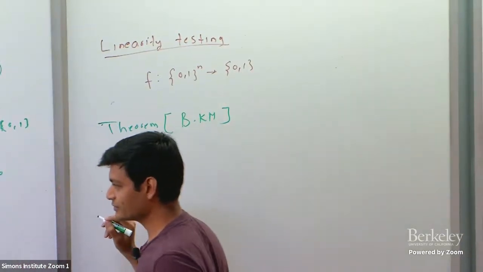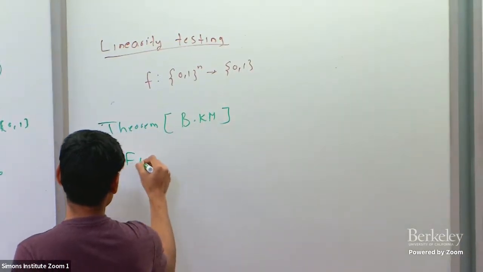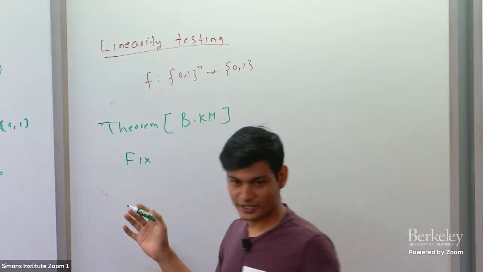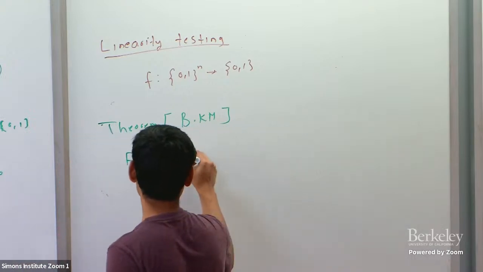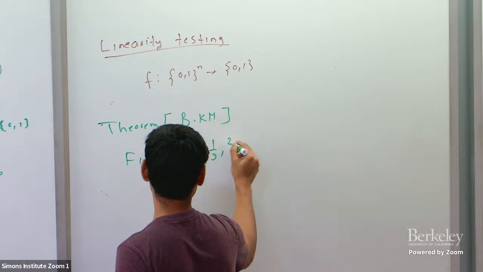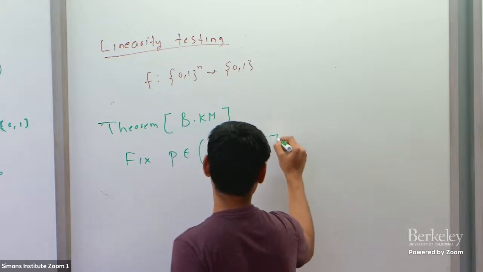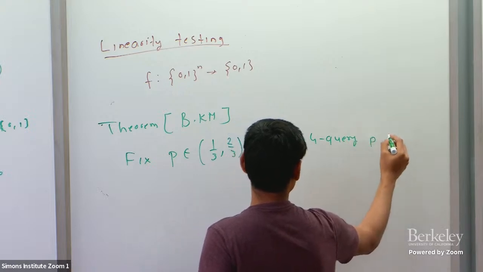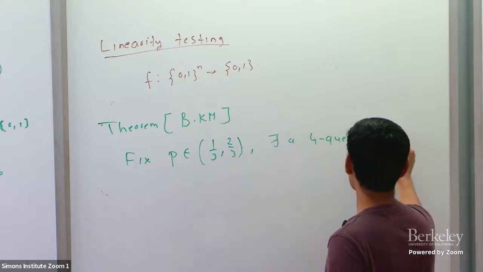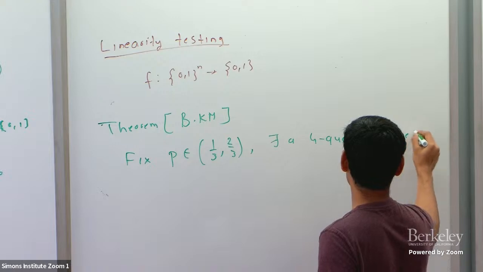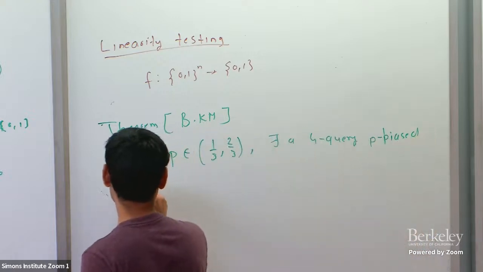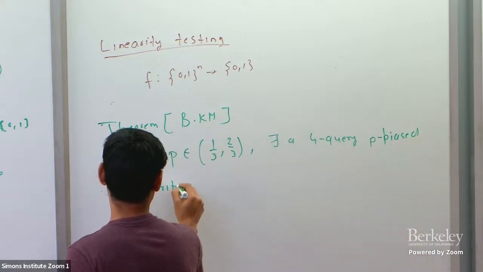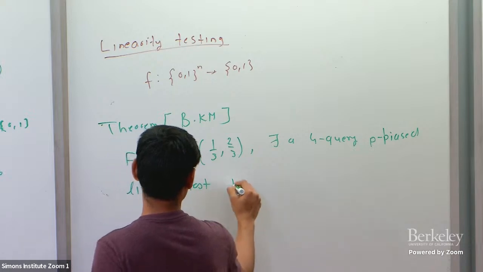But there are some caveats. It doesn't work for any p. It works for p in between 1/3 and 2/3. There exists a 4-query p-bias linearity test in the 1% regime.